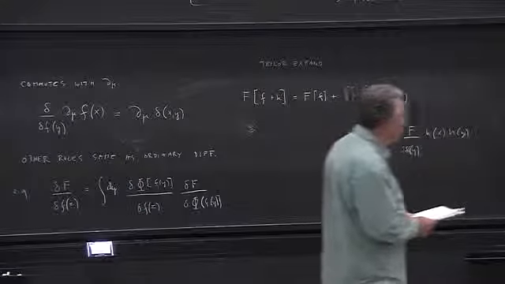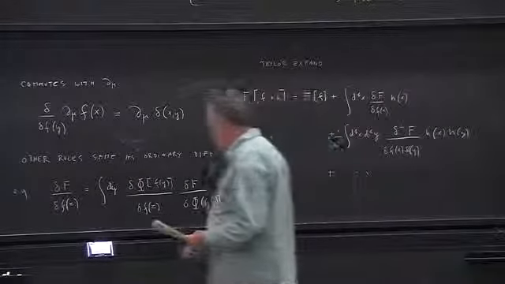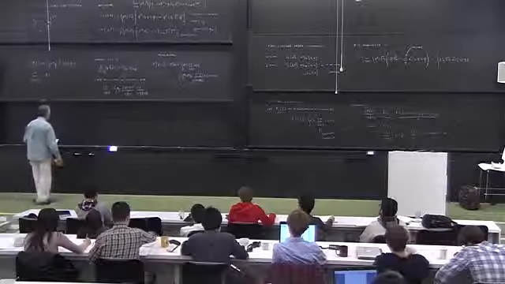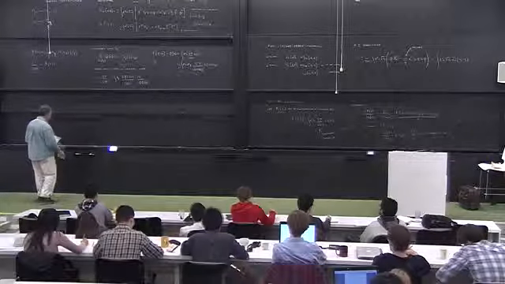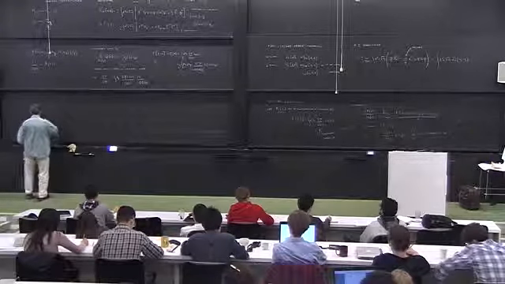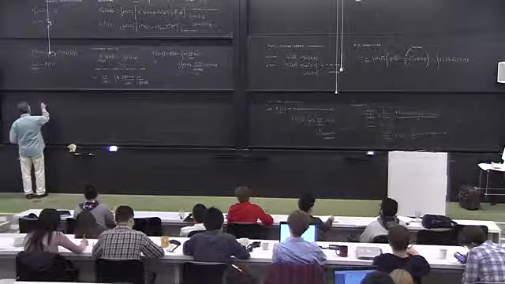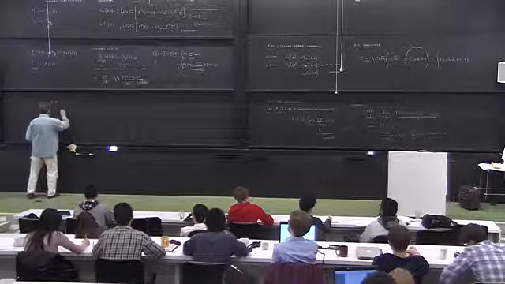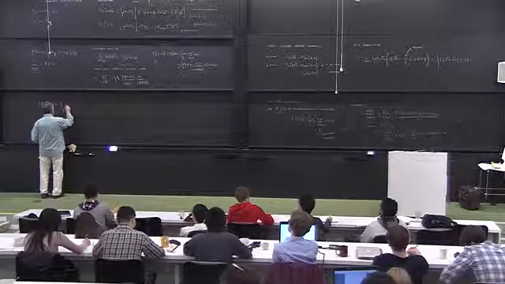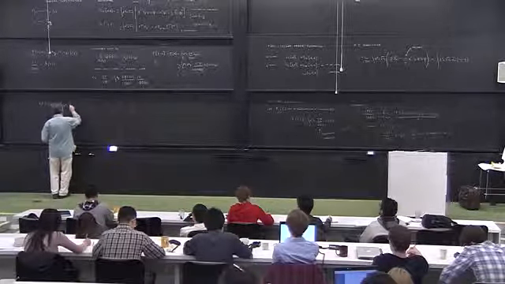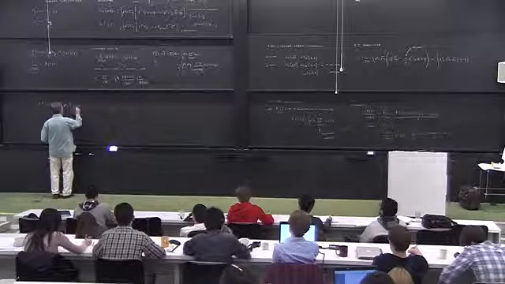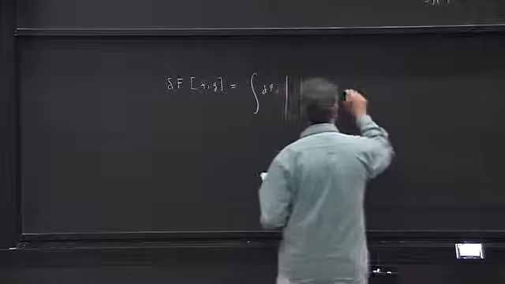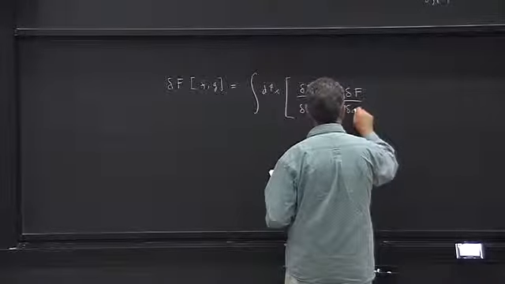Now if we have a functional of two variables, and we do the obvious thing, we have one term for f and another term for g.